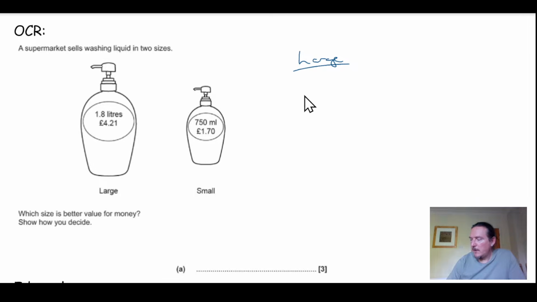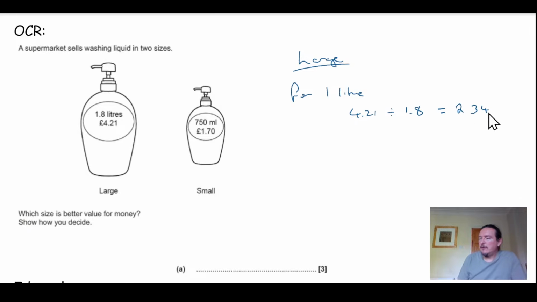So for 1 litre, it's going to be £4.21 divided by 1.8, and what's that going to be then? I've got my Wizzo calculator on the screen today. I have to use an old-fashioned one. So 4.21 divided by 1.8 comes out to be £2.34 for a litre.